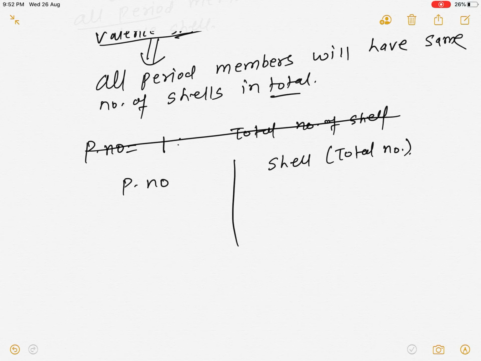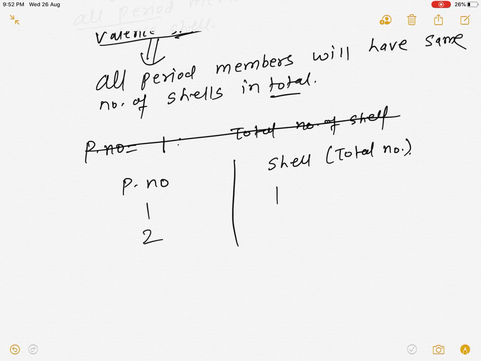Suppose I say the period number is 1, does that mean it has a total number of shells equal to 1? All the first period elements will have 1 shell in total. Why? Because for a first period element, the valence shell has to be the first shell, and if the valence shell is the first shell, there will be 1 shell in total only.